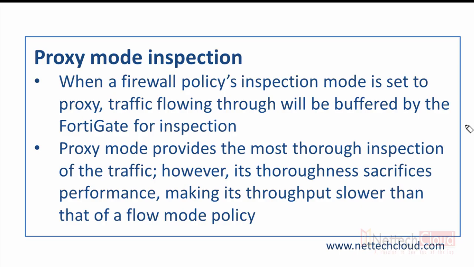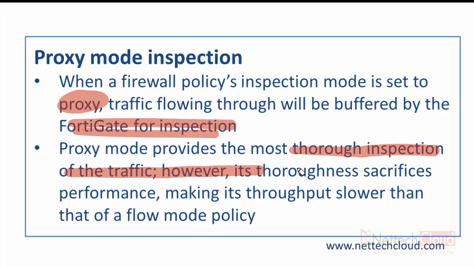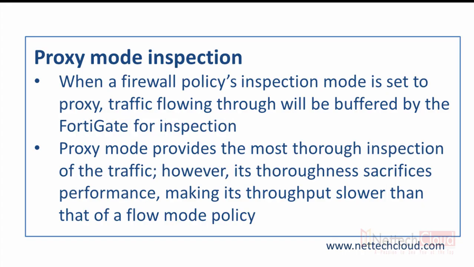Proxy based inspection: when a firewall inspection mode is set to proxy, traffic flowing through will be buffered by the FortiGate for inspection. True. Proxy mode provides the most thorough inspection of the traffic. However, its thoroughness sacrifices performance, making its throughput slower than that of a flow mode policy.